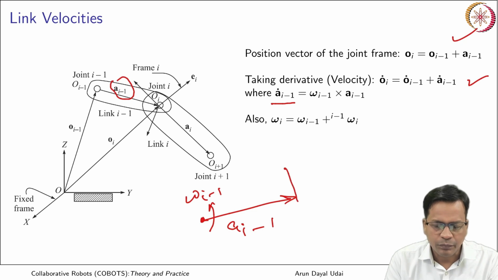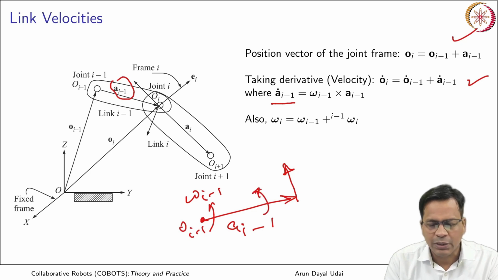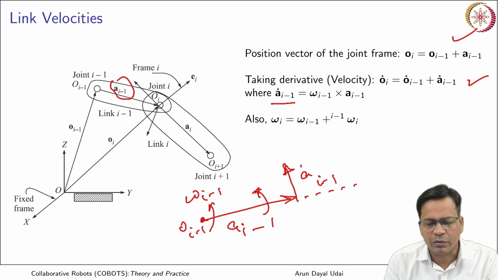It is the velocity along this direction. Okay. That is because of joint velocity of this frame Oi minus 1 at this frame. Okay. So, it rotates like this and it creates a velocity like this. Okay. So, that is in tangential direction. So, this is ai minus 1 dot. Okay. So, because this is not a prismatic joint, it will not go along this direction.